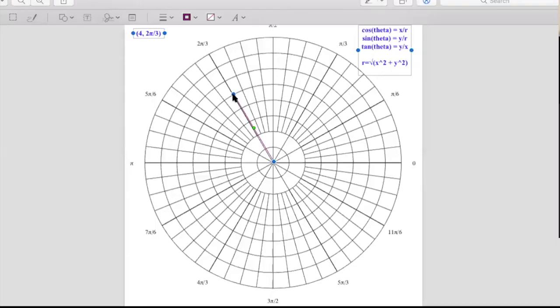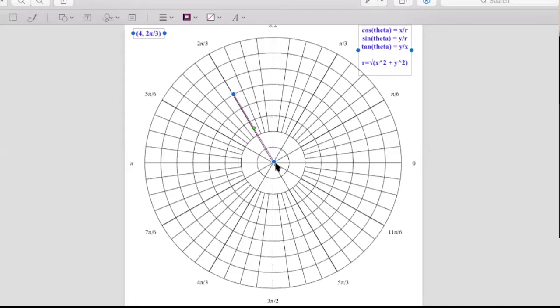Okay. So this right here, if I knew the XY coordinates, I would turn it into polar coordinates by finding out this angle using the arctangent of the slope of this, the y over x.